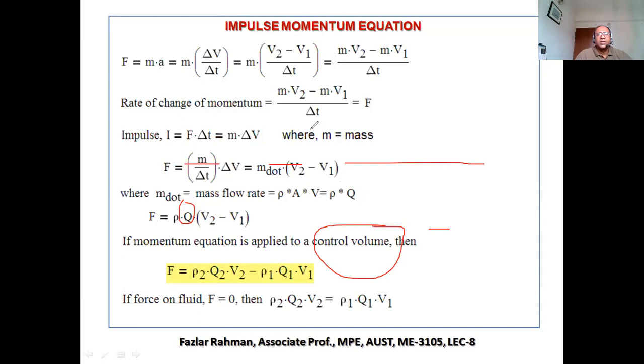Now you see the impulse F into delta T equals the change of momentum mv.